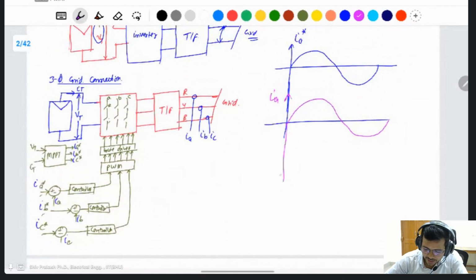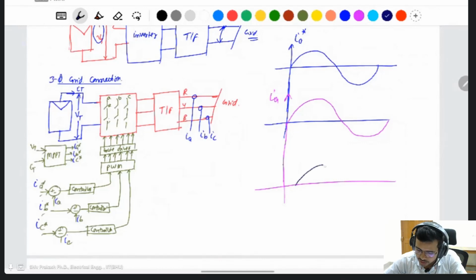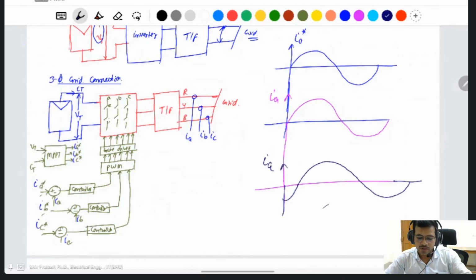IA may be a different type of IA. Sometimes you can say this is the phase shifted IA also, maybe. Then how do you track the IA in your controller?